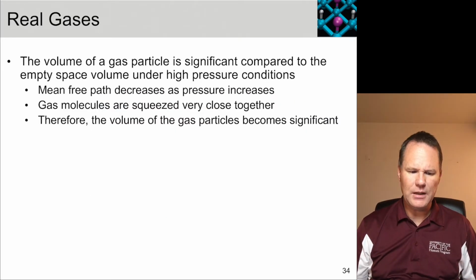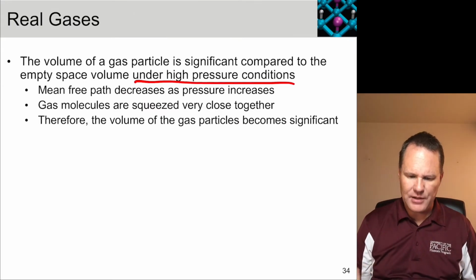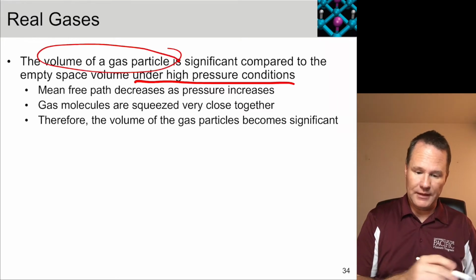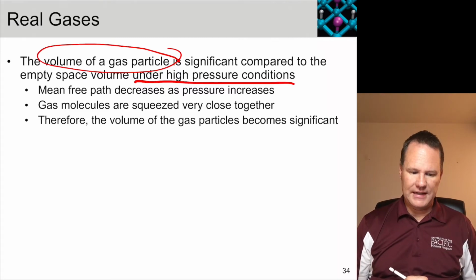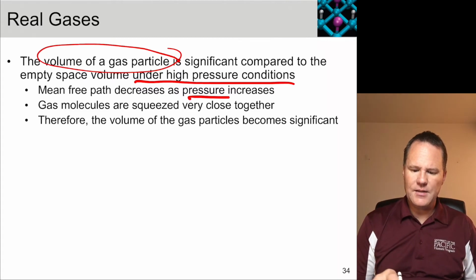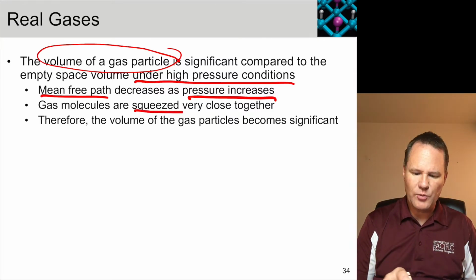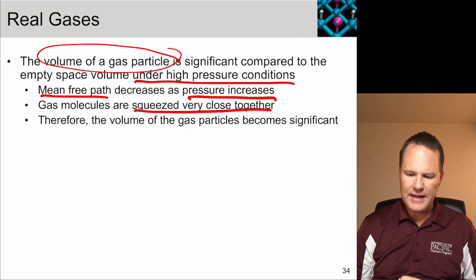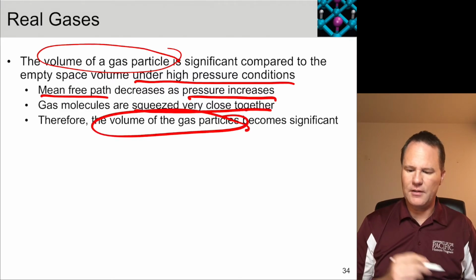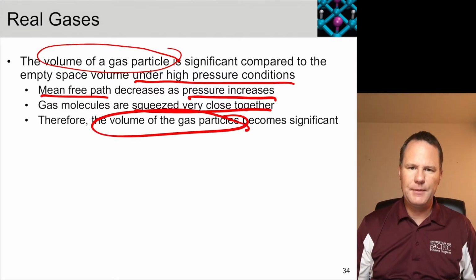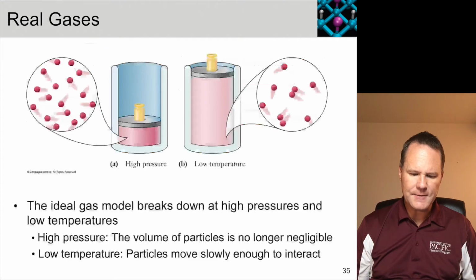Now, the other thing is, what about the volume of the gas? If you have extremely high pressure conditions, then you're decreasing the available volume for the gas molecules, and therefore the volume of the gas particle becomes more significant. As the pressure increases, this mean free path decreases, right? We are squeezing the molecules closer together, and then the volume of the gas particles becomes significant. And so these are the limitations of the kinetic theory of gases, right?